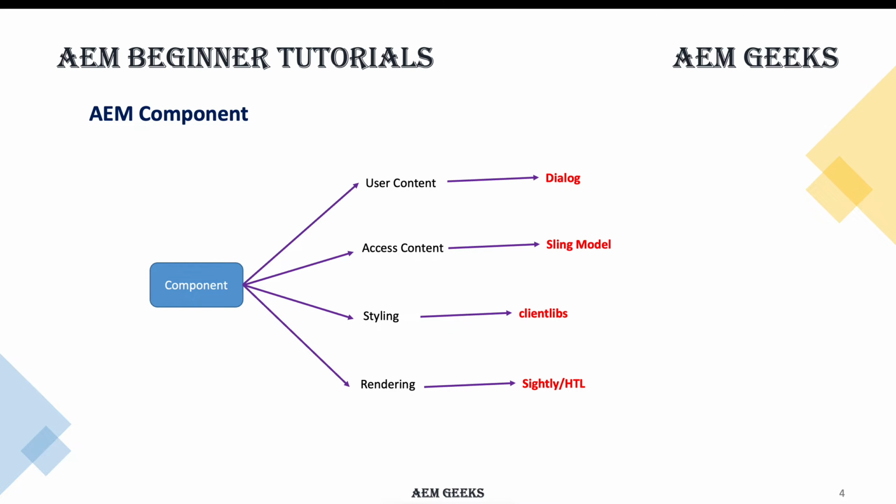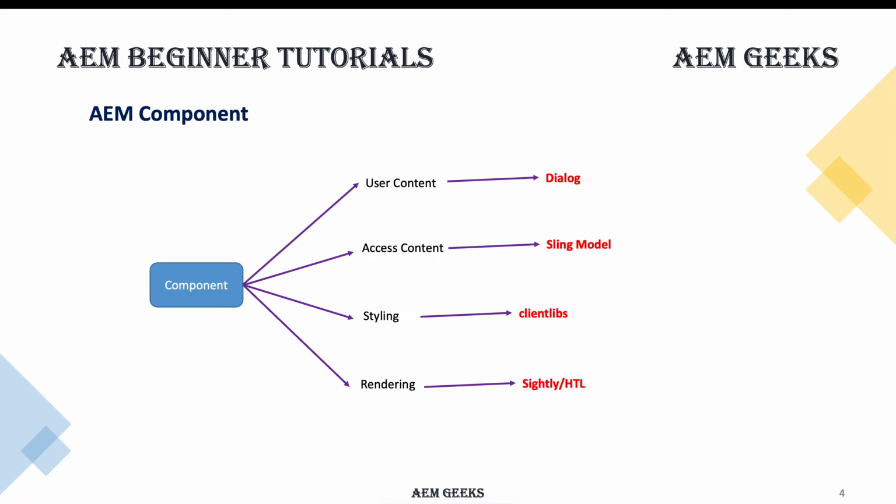Now the rendering part. You have all the data together in a Java object using Sling model, and you have styling. There is a language called Sightly or HTL that is specific to AEM. You can even reuse it with other products because it is supported by Sling and Apache, but for now we specifically use it in AEM.